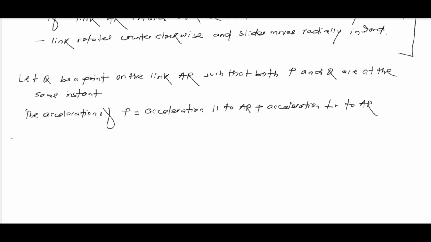If you sum them up, you will find the total acceleration of point P with respect to A. So we'll have a minus omega square r, plus 2 omega v plus r alpha, equations 1 and 2. We can simplify this as a plus r alpha minus omega square r, plus 2 omega v.